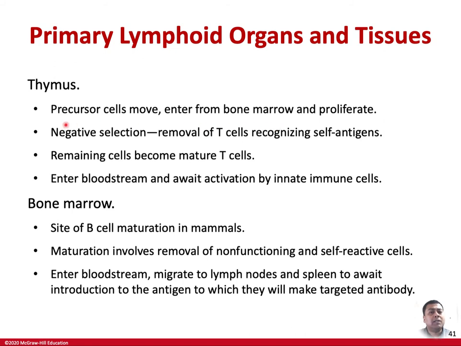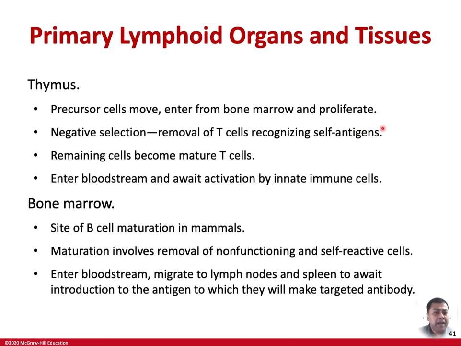The only ones that will mature into T cells will not react with any of our proteins. But as you know, this system can go wrong in some autoimmune diseases where this selection is not 100% correct, and that can lead to autoimmune disease.